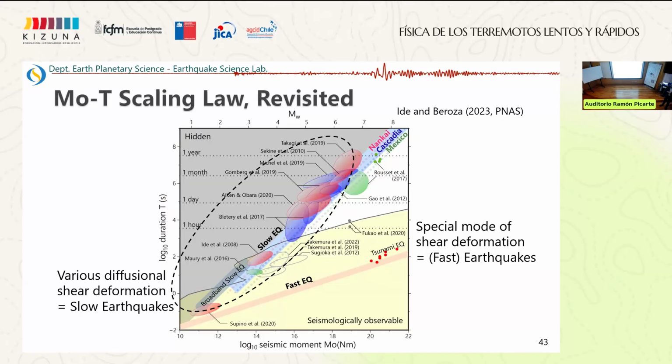And the size limitation is also probably a problem. Tectonic slow slip events occur over a relatively wide area, several tens of kilometers. But volcanic LFE is much more concentrated. So probably we don't expect something around here for volcanic ones, and all volcanic LFEs are located just around here.